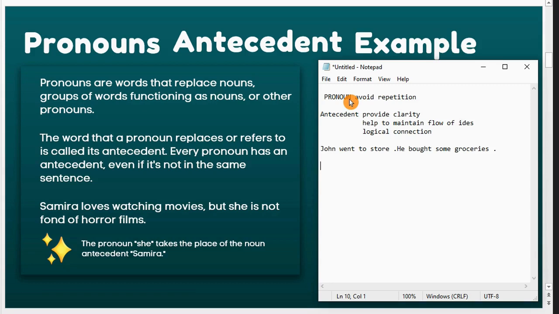John and he. John is the antecedent for the pronoun he.